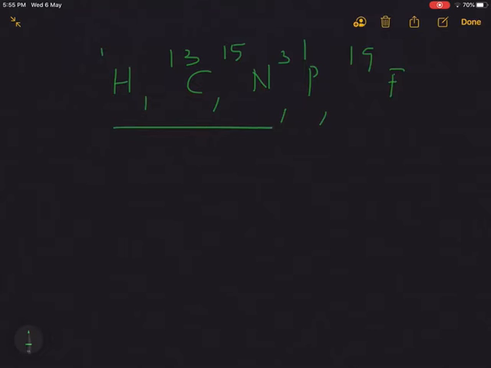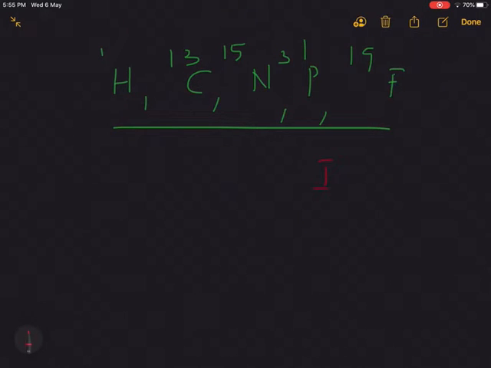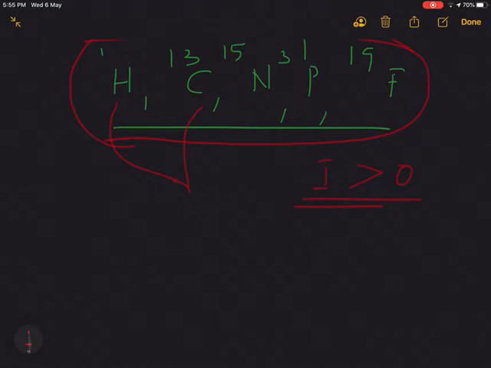All these atoms have spin quantum number I greater than 0. Therefore, all these atoms are active in NMR. Of all these, the most widely developed techniques are proton NMR or hydrogen NMR, and C13 NMR. Our syllabus includes proton NMR spectroscopy.